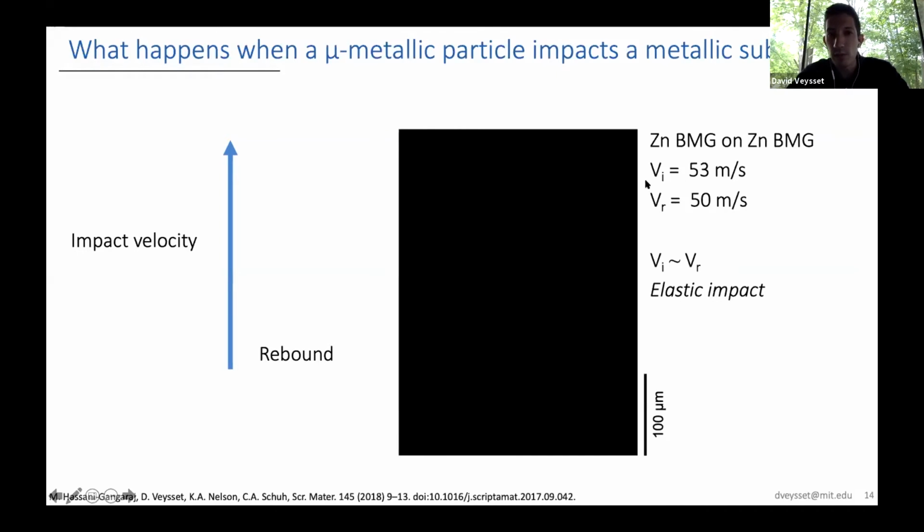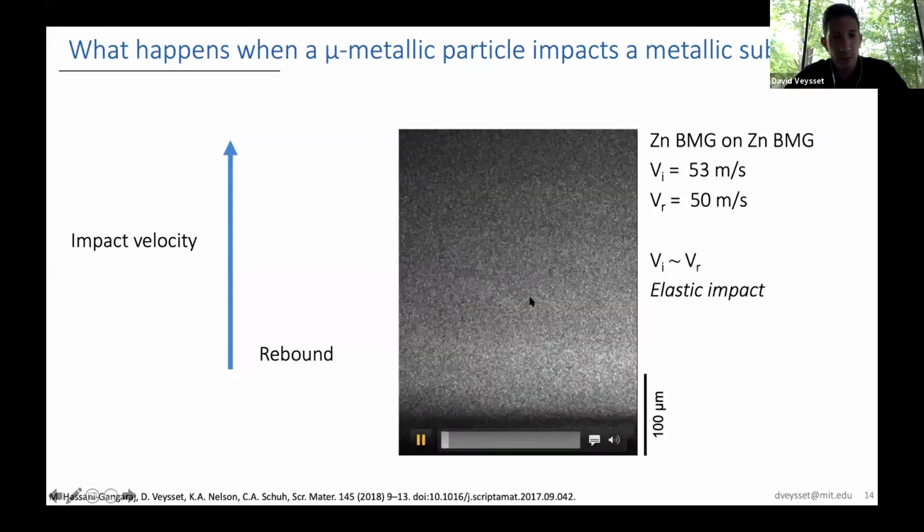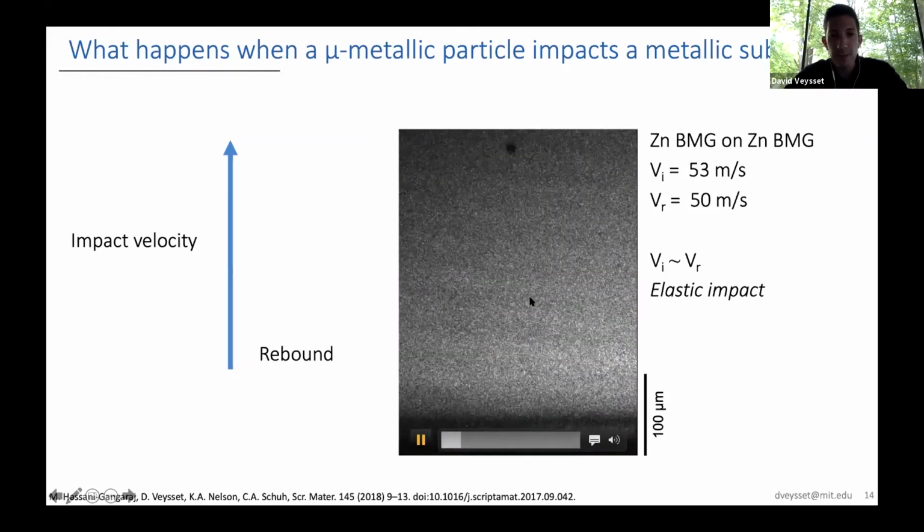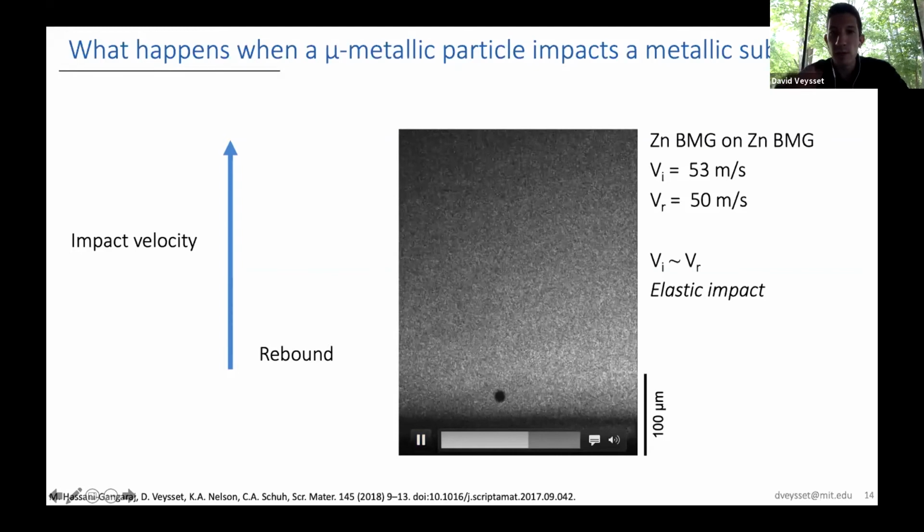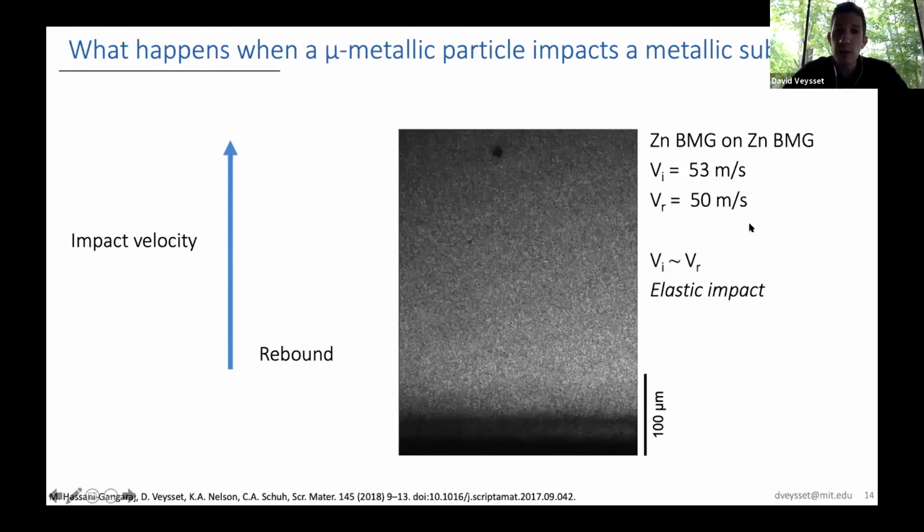And then here, let me show you an example where the rebound velocity is close to the impact velocity. This is a zinc-based bulk metallic glass. The particle comes from the top, impacts the target, and then rebounds at a velocity that's close to the impact velocity. So we can consider this impact to be almost purely elastic.